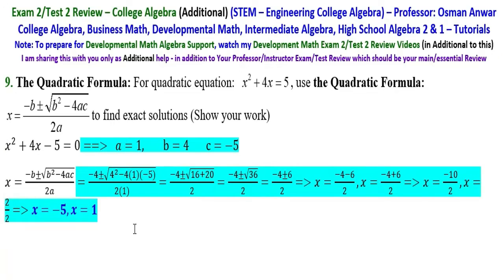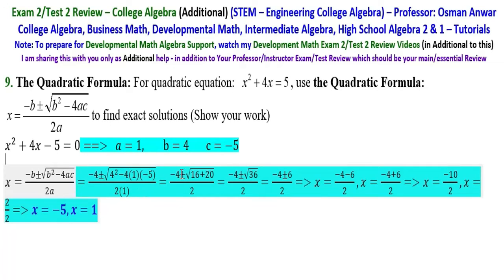Okay? So now the quadratic formula: x equals minus b plus or minus the square root of b squared minus 4ac, over 2a. That is minus 4 plus or minus the square root of 4 squared minus 4 times minus 5 over 2 times 1.